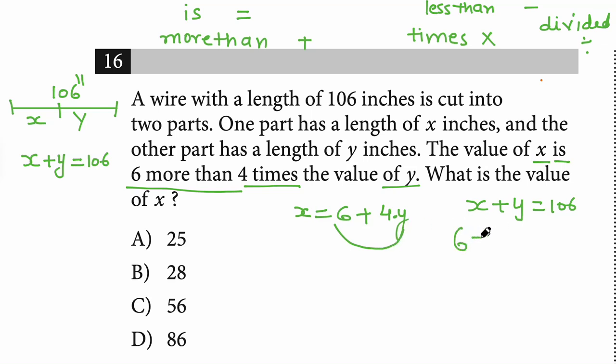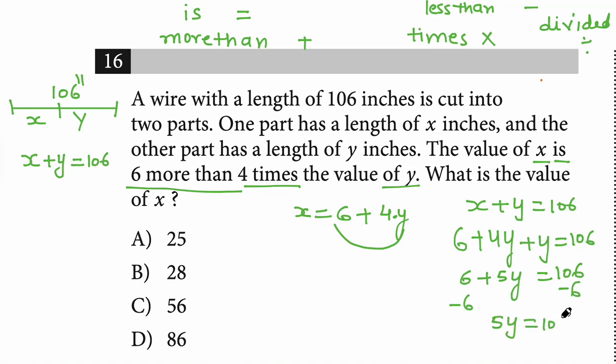So that is 6 plus 4y plus y is equal to 106. 6 plus 5y is equal to 106, and subtracting 6 on both sides, 5y is equal to 100, dividing by 5 on both sides, so y is equal to 20.